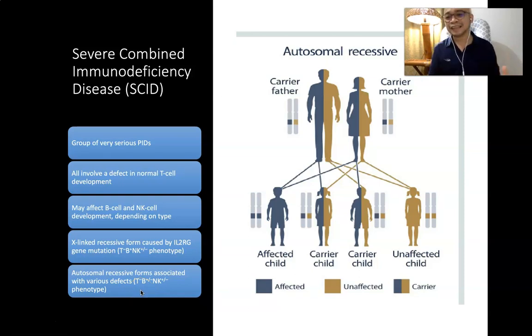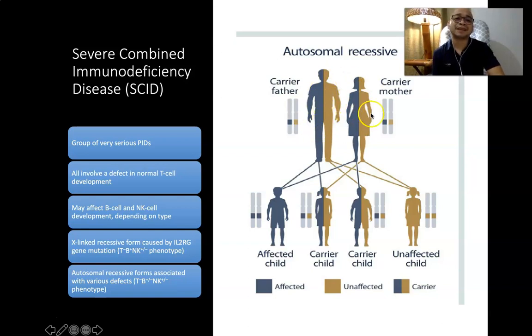So the only difference is that in X-linked, a particular gene mutation has actually caused it. Okay, so here is an illustration, an example of an autosomal recessive form of SCID. In this example, both parents are carriers.